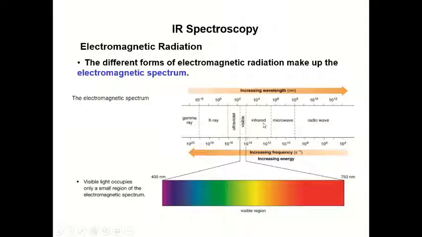Then the portion of the infrared region that is most useful for analysis in organic chemistry, an interesting piece of information, is not immediately adjacent to the visible light, but has a wavelength range from 2,500 to 60,000 nanometers, with a corresponding frequency range that I will show further, always in gigahertz.